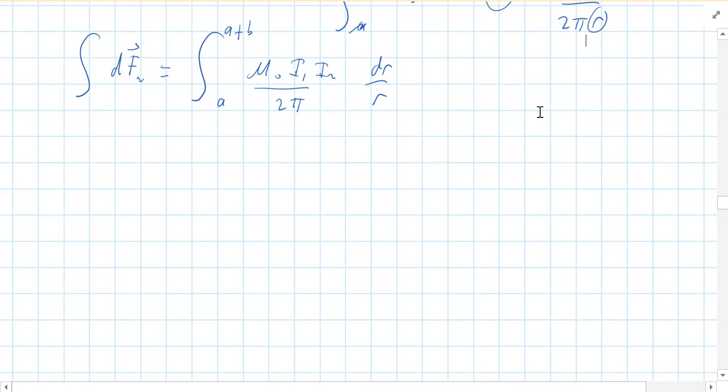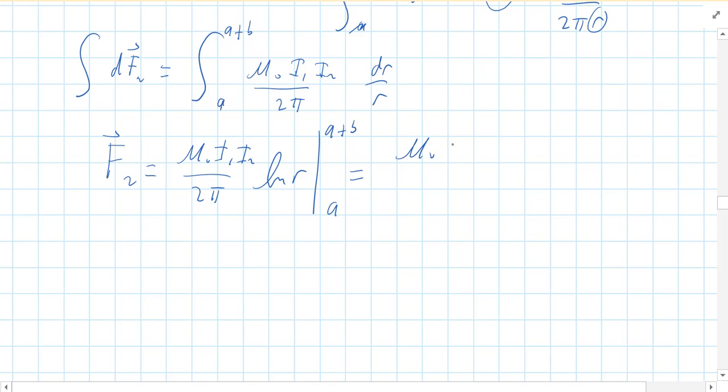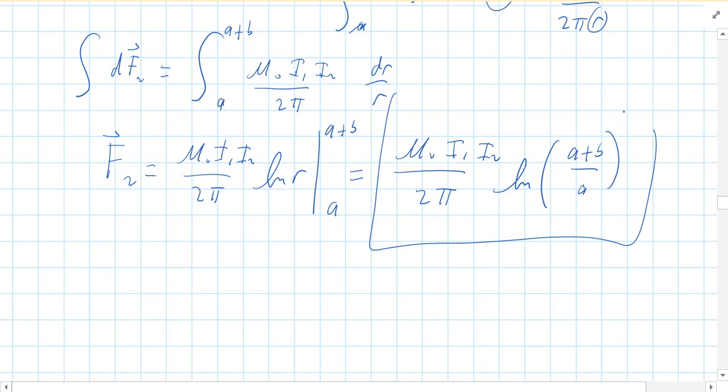So if we integrate this, we get F2 equals mu naught I1 I2 over 2 pi, and the integral of dr over r is natural log of r, and we have to evaluate that from A to A plus B. That's an A right there, not a 0. And if you do that, you get mu naught I1 I2 over 2 pi natural log of (A plus B) over A. So that is force 2.